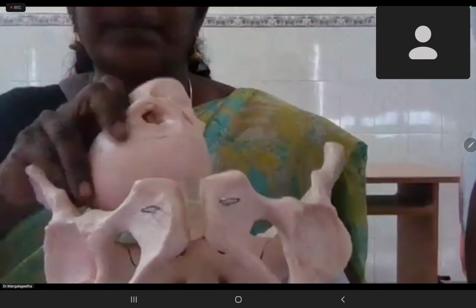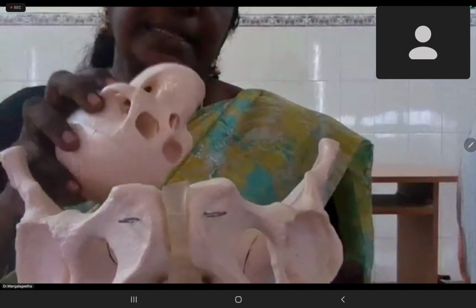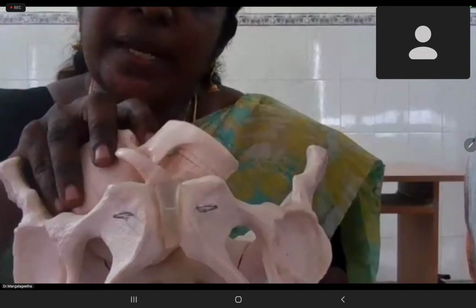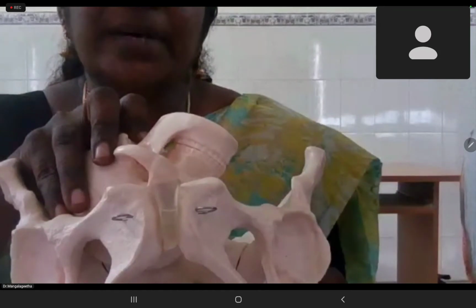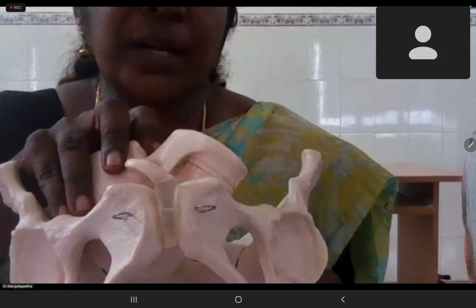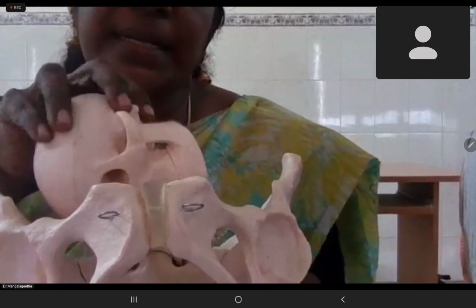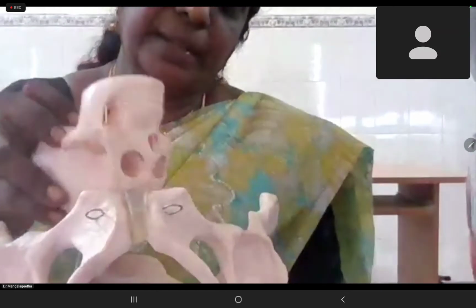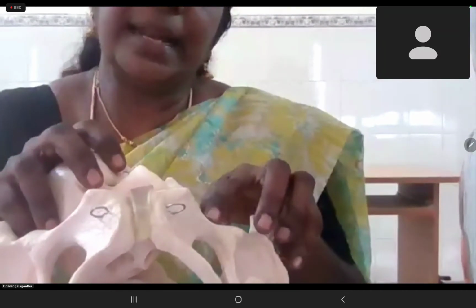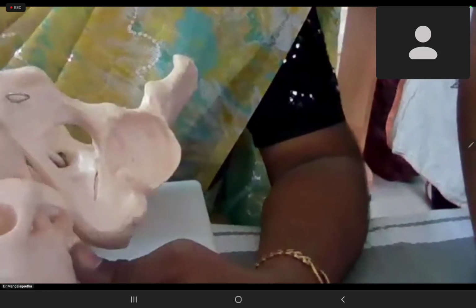Then you have one more presentation, the face presentation. Only mento-anterior will deliver, but mento-posterior cannot deliver. So how does mento-anterior deliver? The same way, the mentum is in the left quadrant, left mento-anterior, then there is descent, and then the mentum hits against the symphysis pubis and the face is born by flexion and then the head is born.